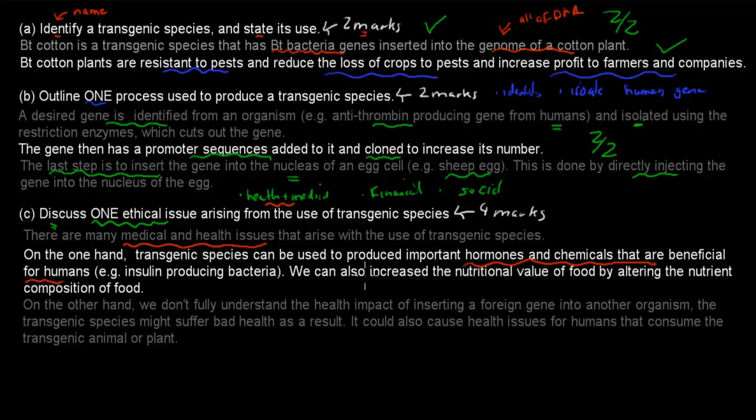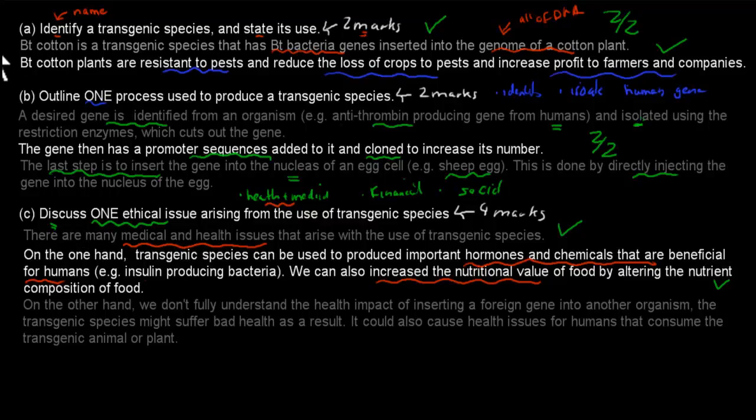So by using transgenic species, we can make, for example, insulin using a bacteria. We can also increase the nutritional value of food by altering the nutritional composition of food. So we can increase the nutritional value of food using these transgenic species.